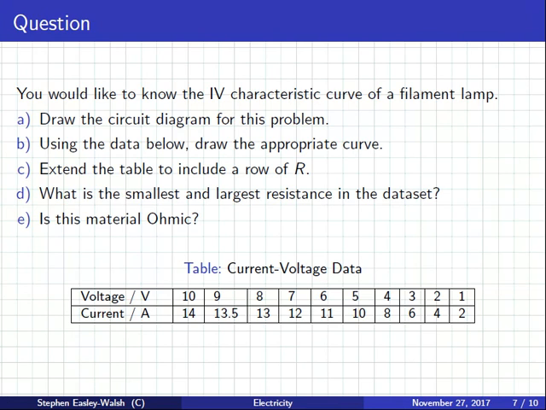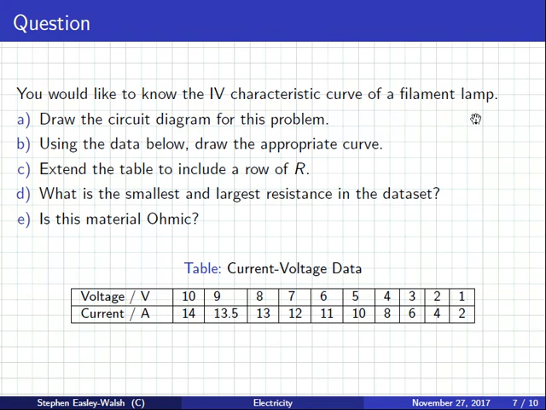So if you can just copy this table down. I think it's worth noting that this data is for what's called a filament lamp.